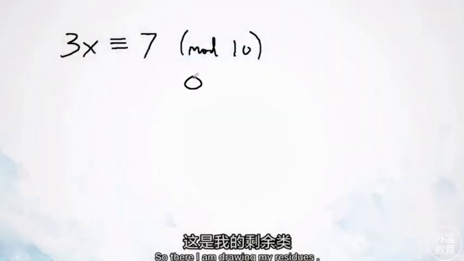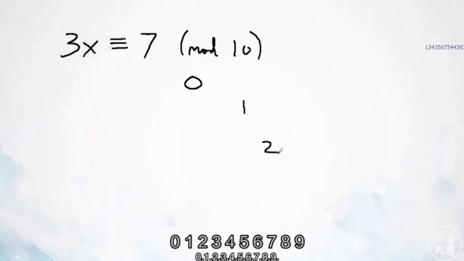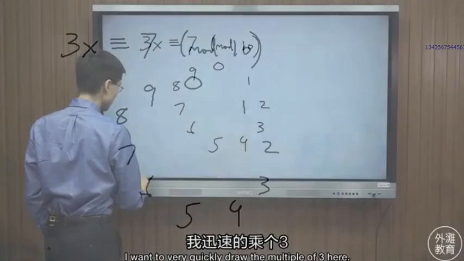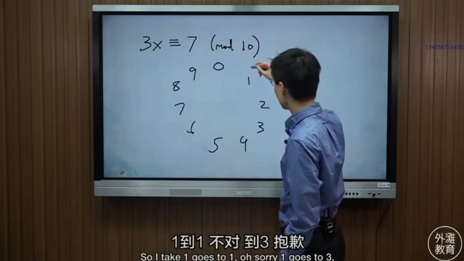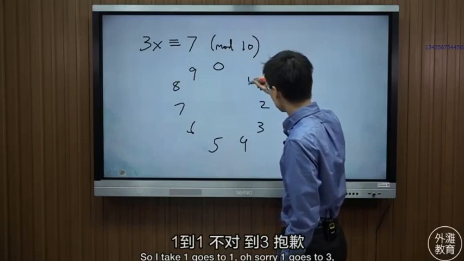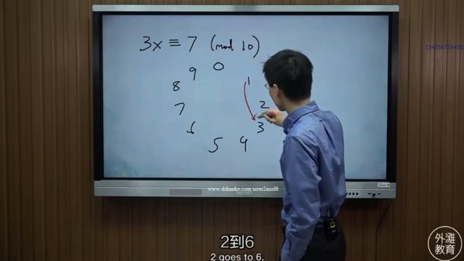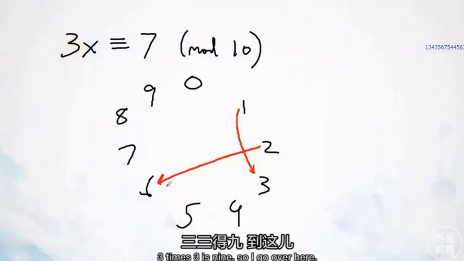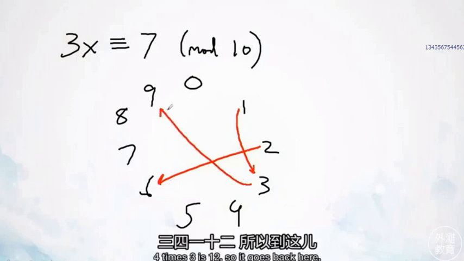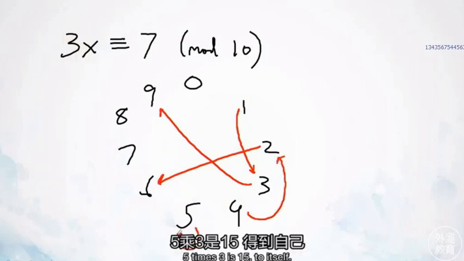So here I'm drawing my residues, 0, 1, 2, 3, 4, 5, 6, 7, 8, 9. I want to very quickly draw the multiples of 3 here. So 1 goes to 3, 2 goes to 6, 3 times 3 is 9, so I go over here. 4 times 3 is 12, so it goes back here. 5 times 3 is 15, back to itself.